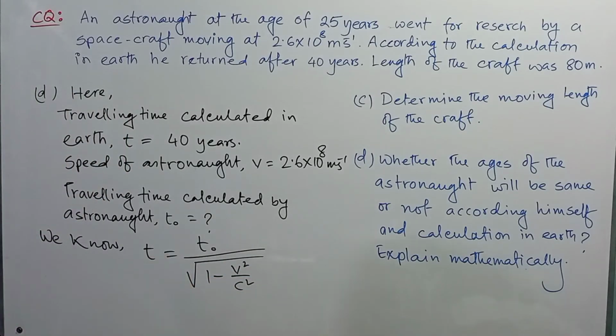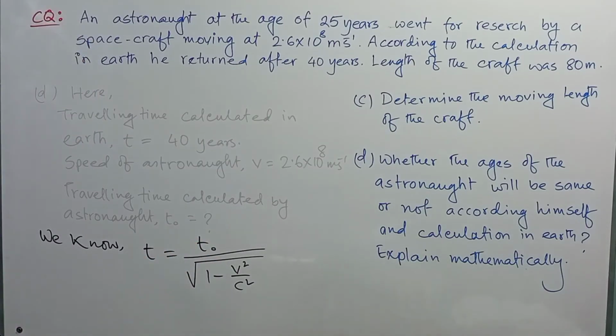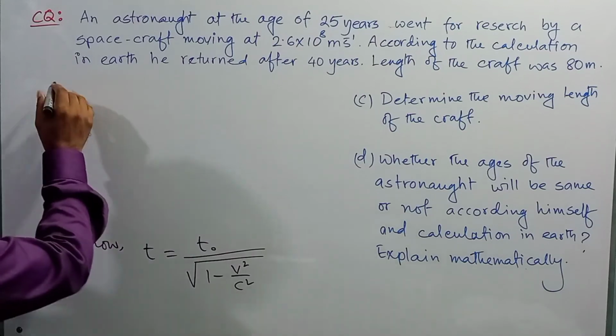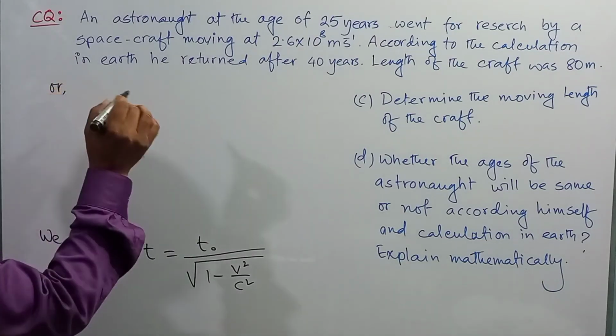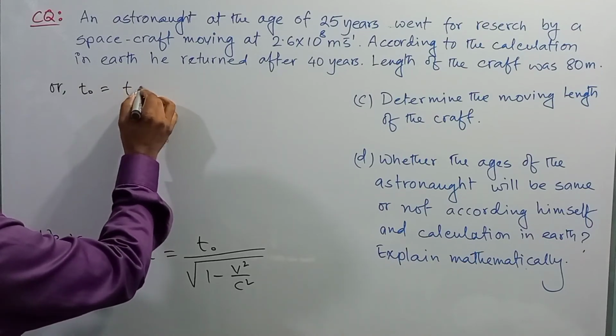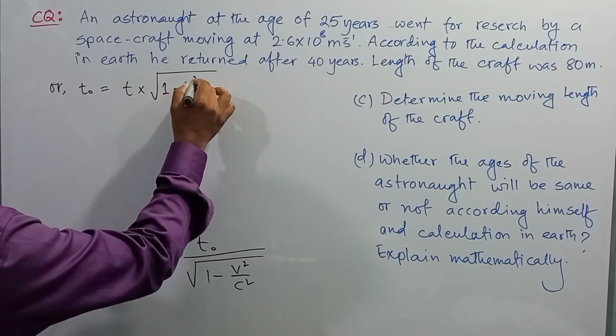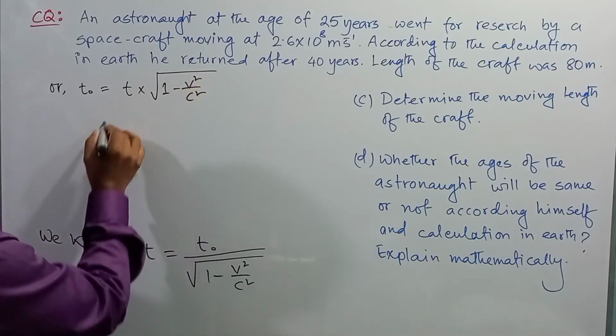So from this expression we need to determine the value of T naught, or T naught is equal to T multiplied by square root of 1 minus V square by C square.